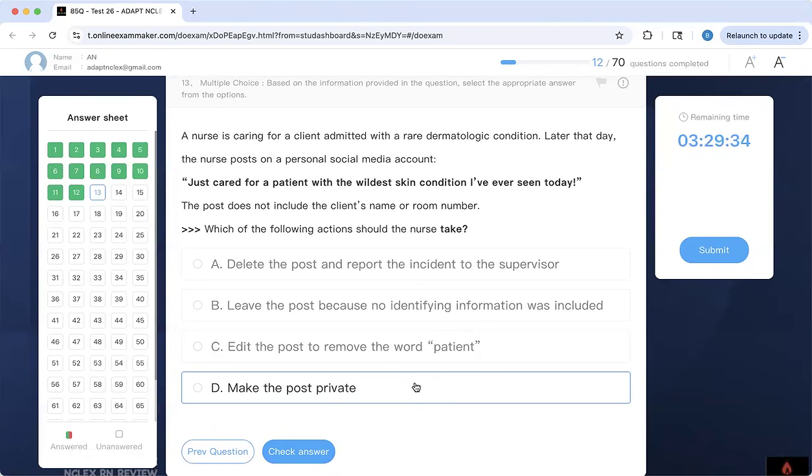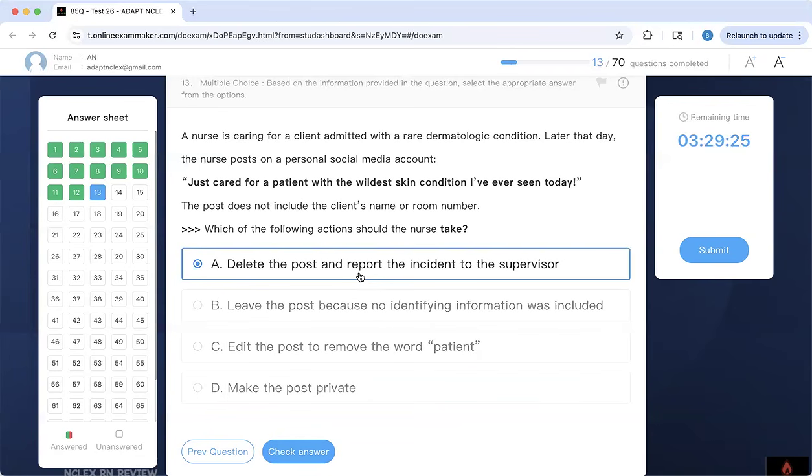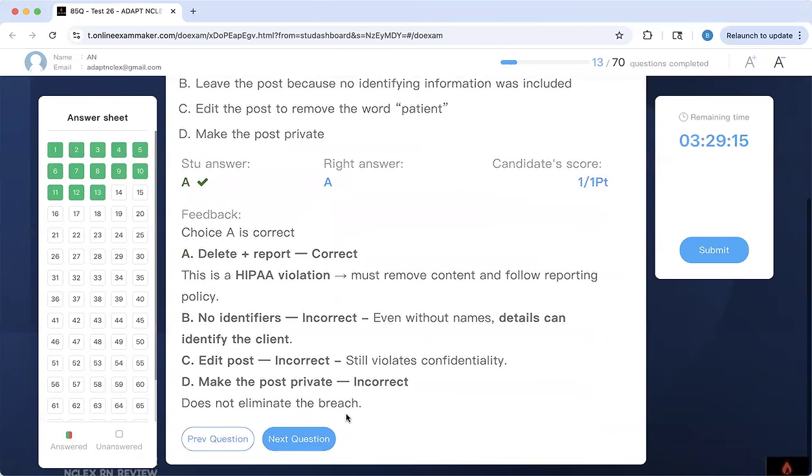What do you think is the best ethical thing that the nurse should do? Management of care. You pick your answer. HIPAA violation. Delete it and let the supervisor know. Whether the patient's name or anything is on it or not, that doesn't matter. This is still a violation. Don't post. This is what the NCLEX wants you to focus on because it's happening in the real world.